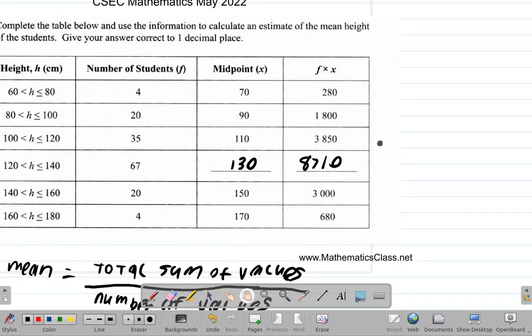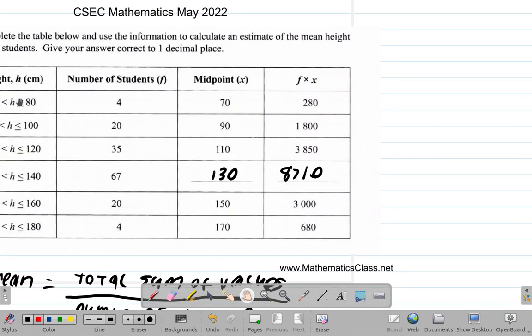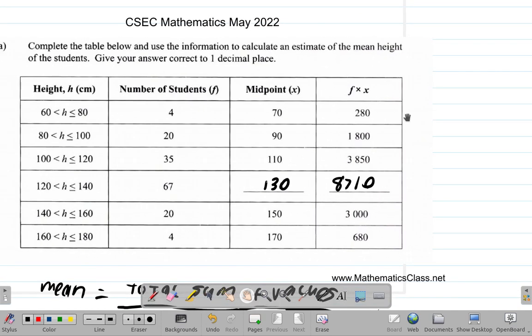You see this 70 here that represents this value? It is not saying 70 students. It is saying 4 students. There are 4 students with height between 60 and 80.